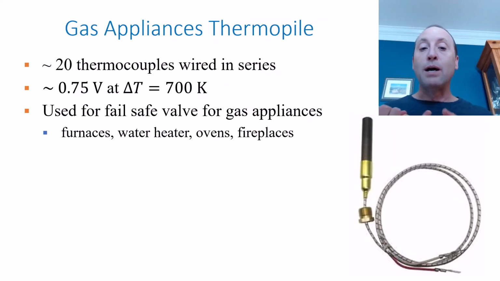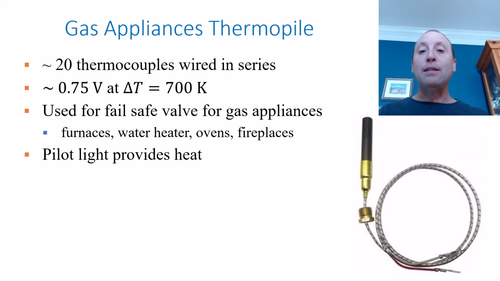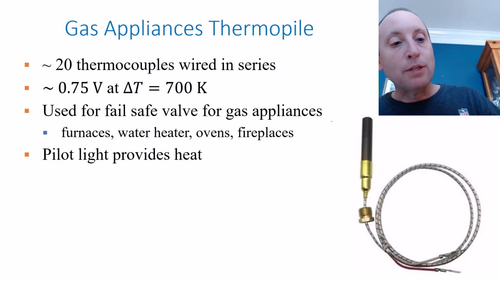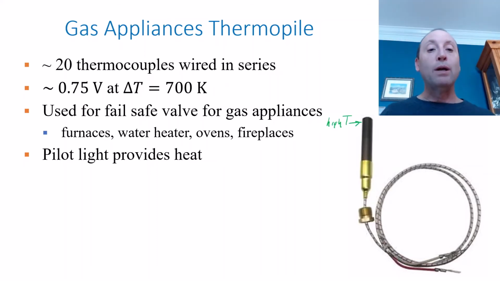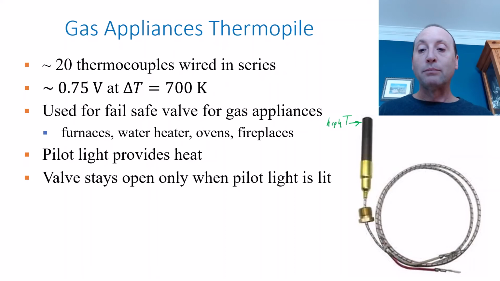I know my gas fireplace and my gas water heater have these devices in them, and the heat comes from the pilot light in the device. So there's a high temperature provided by the pilot light that heats up one end of the thermopile, and that generates a voltage, and that voltage is then used to keep a safety valve open, right?